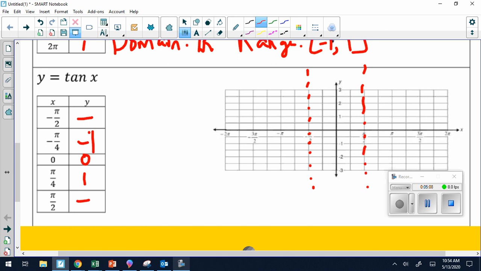In fact, I'm going to have an asymptote every pi, every 180 degrees. Okay? And then what's going to happen, so this is going to be 0, this is going to be -1, this is going to be 1, and then I'm going to hug those asymptotes. That's going to happen at each of these.